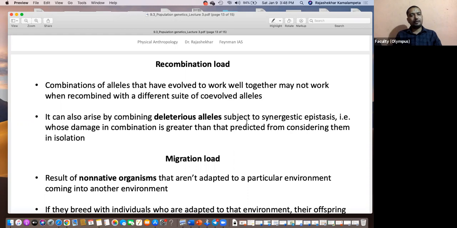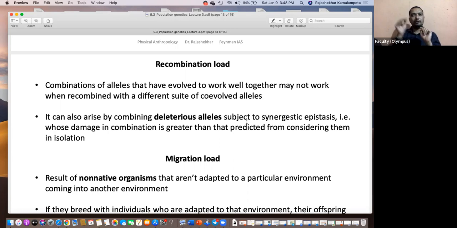So recombination is a process of creating new combinations where, before gametes are formed, you pair homologous chromosomes, similar chromosomes, chromosome 1 from mother, chromosome 1 from father, for example, and they exchange genetic information.